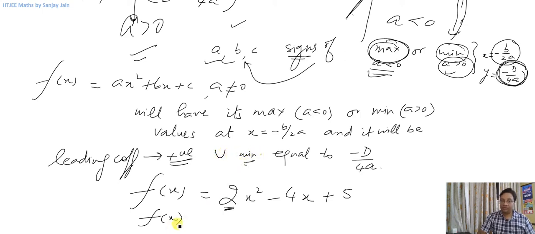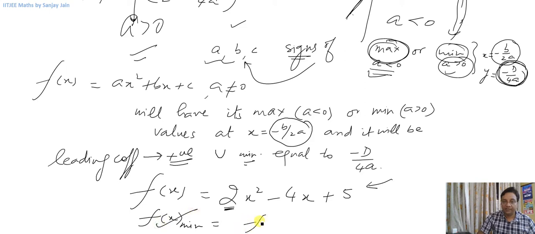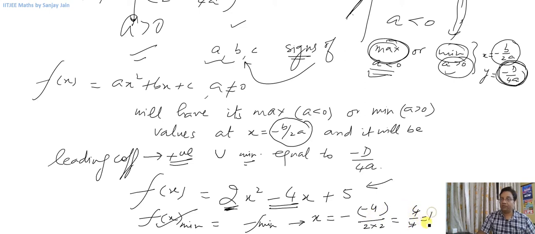Now I ask you what will be the minimum value of this quadratic polynomial. You know that the minimum value will be at x equal to minus b by 2a. So f min will exist at x equal to minus of b, that is negative 4, by 2a, that is 2 into 2. Hence it will be equal to 4 by 4, that is equal to 1.